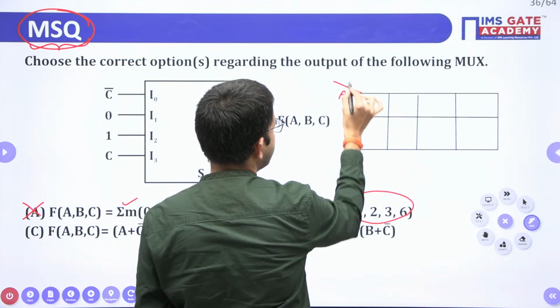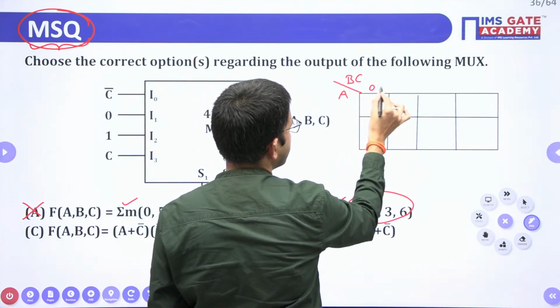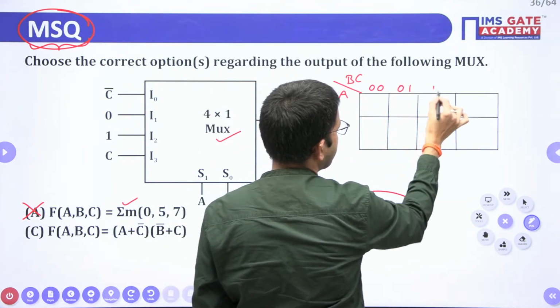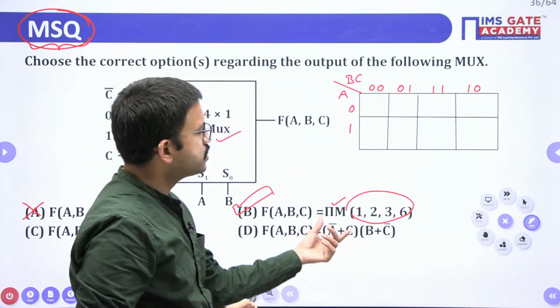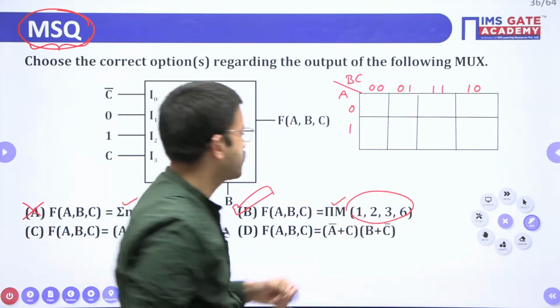Here variables are ABC. I am considering a 3 variable K map. So just place zeros in the respective maximum positions.